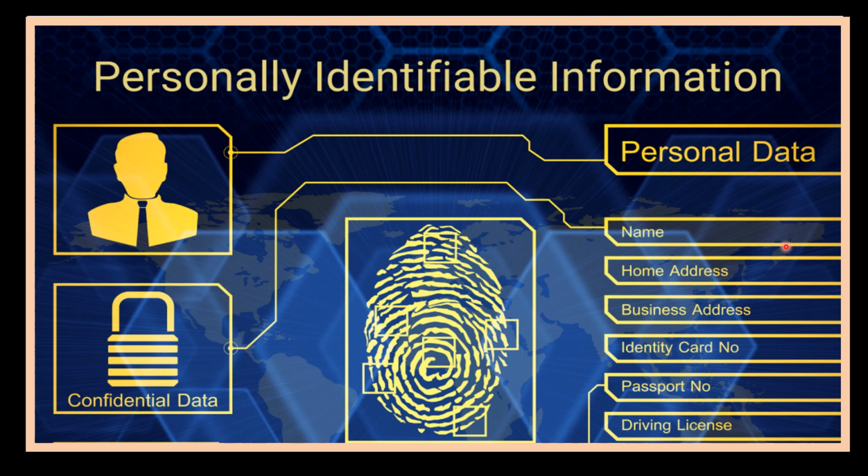So PII, or personally identifiable information, refers to any information that can be used to identify a specific individual, such as name, address or social security number. Using Vicuna 7B helps us identify PII in text by analyzing the input and flagging specific words, phrases or sentences that match patterns associated with personally identifiable information.